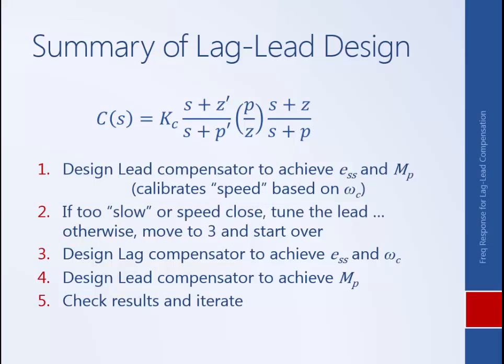We start over, we design the lag to achieve the steady state error and the speed of response as indicated by the crossover frequency. We then add a lead compensator to achieve the desired level of overshoot. And of course, we iterate on our design in order to meet all three requirements as close as we desire.